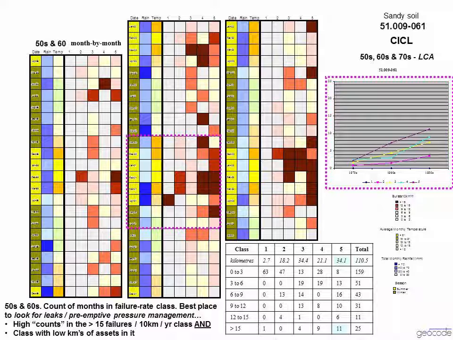For example, in terrain unit 5, there's 34 kilometres of the total 110 kilometre length of assets. So this sort of information potentially could give you focus.